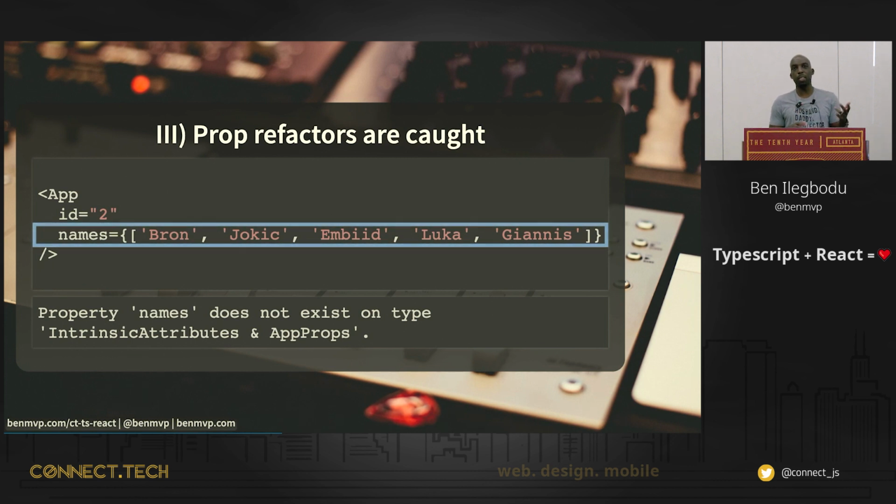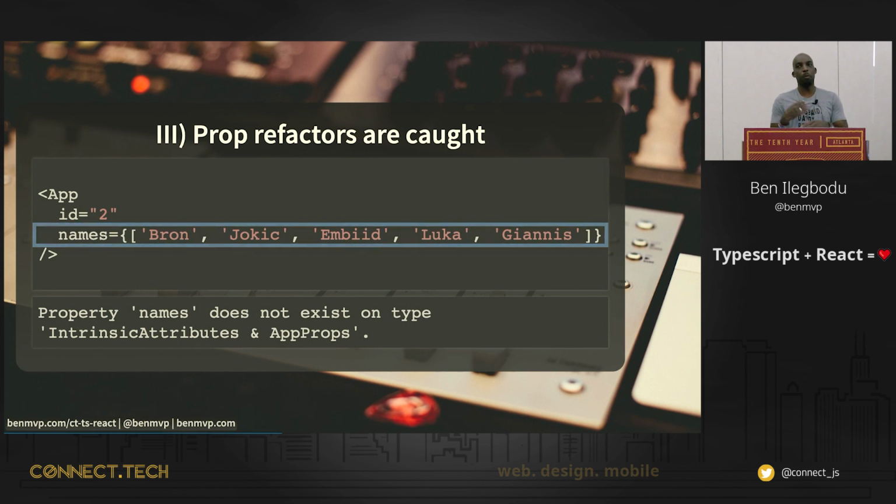This is kind of related to the first feature in terms of a property not existing, but let's say that this prop was originally named names, and we later want to change the interface definition within the app to players.